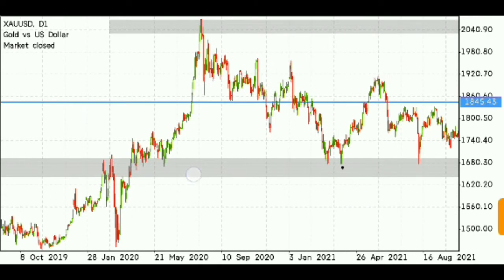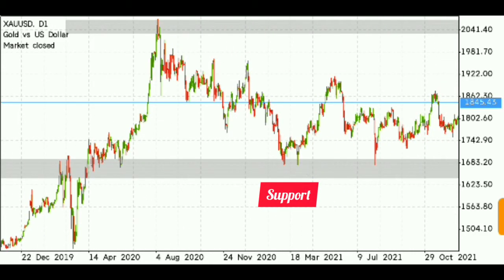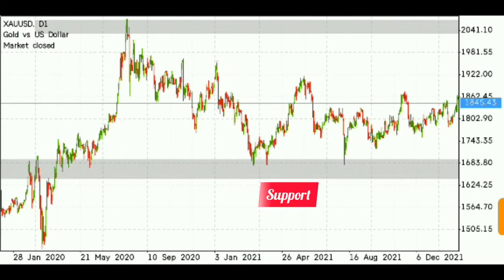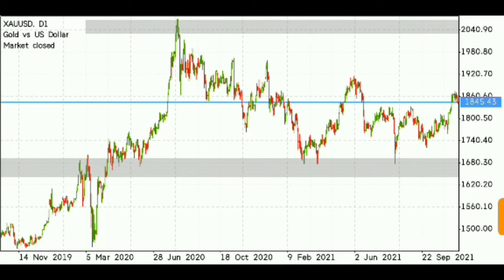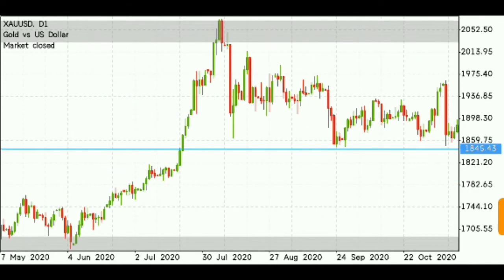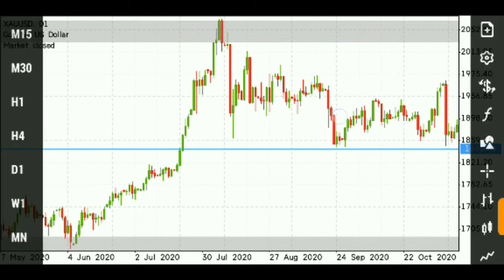Now this is your support level, and this is your resistance. What some traders will do is wait for the price to get to this resistance and look for a candlestick confirmation, probably on your 4 hour time frame.